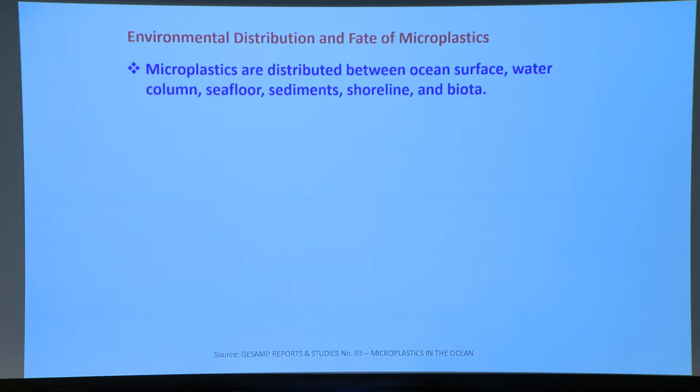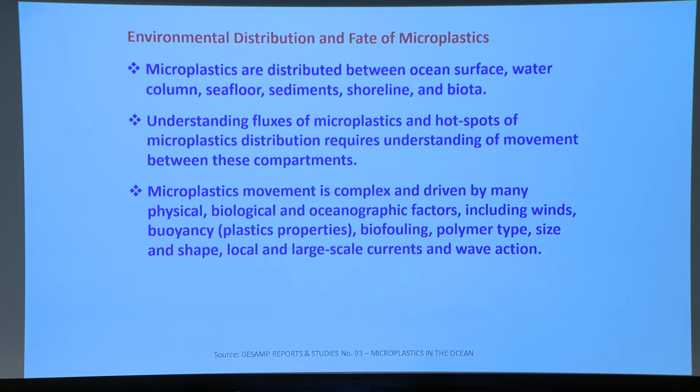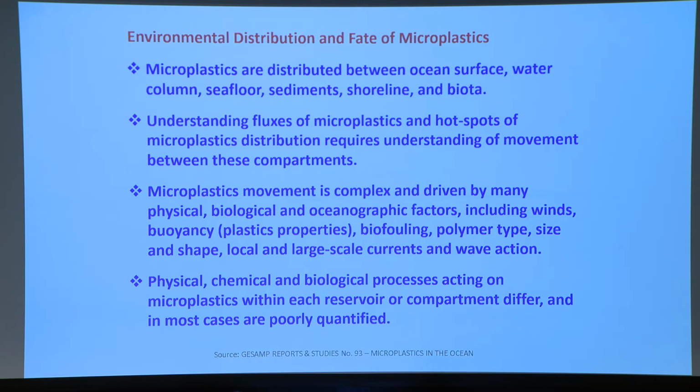So the plastics are distributed almost everywhere you can imagine. And understanding the flux of microplastics and the hotspots is important. And it's complex. It is driven by biological, physical, and oceanographic parameters. And the processes are very poorly understood. So basically, we don't know much about plastics.